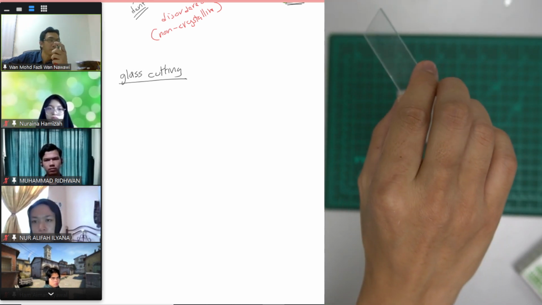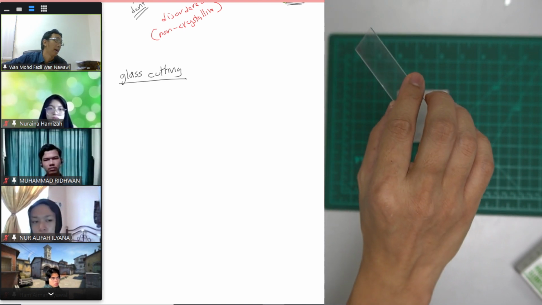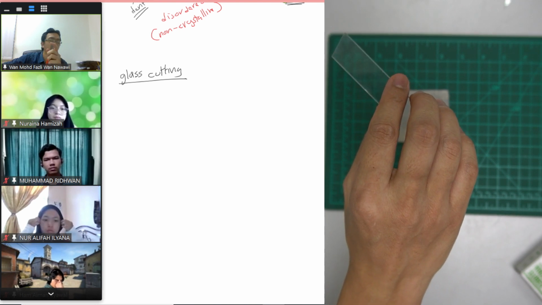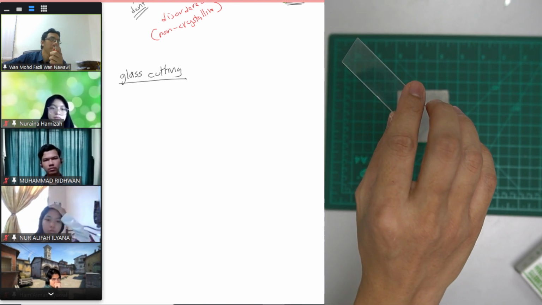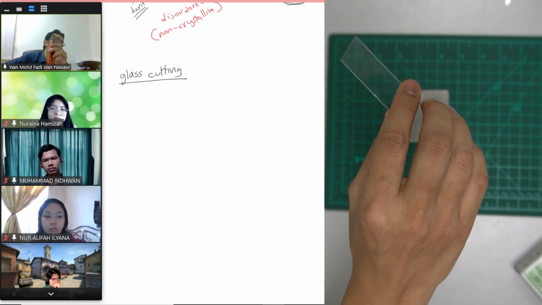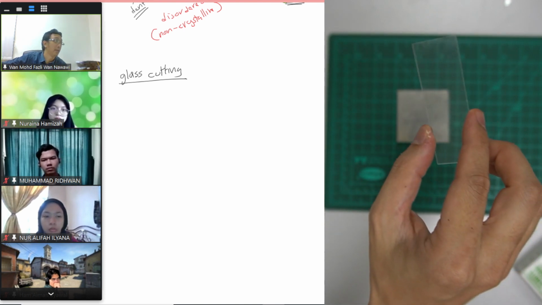But it's not about being sharp, it's about the slip, because ceramic is hard. One thing about ceramic is that it's hard, so you cannot really use it. If it is soft like a metal, it's ductile, so even though it's sharp, it cannot scratch the glass.